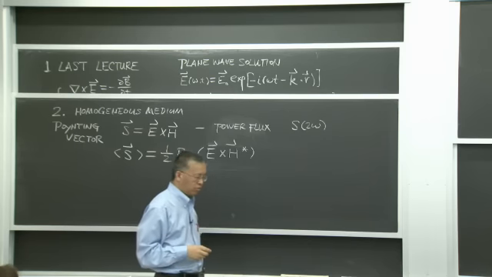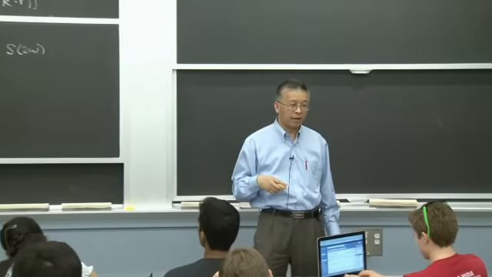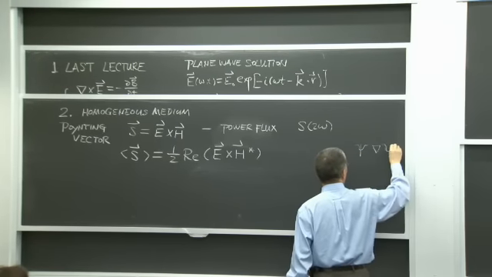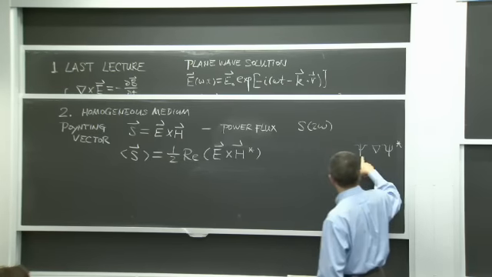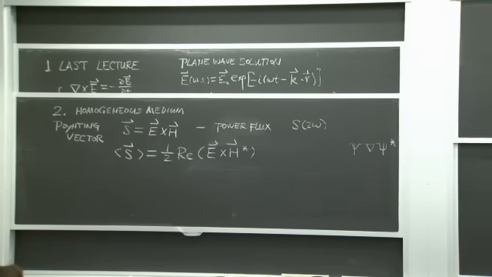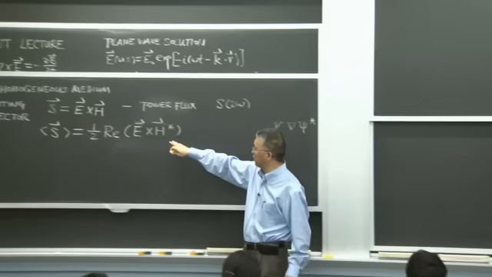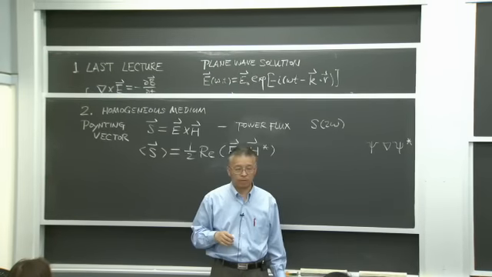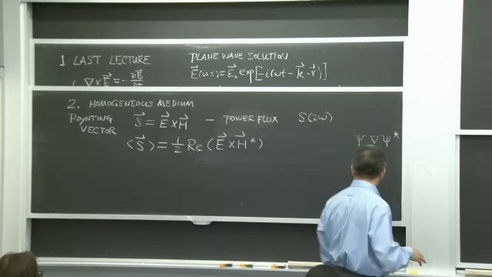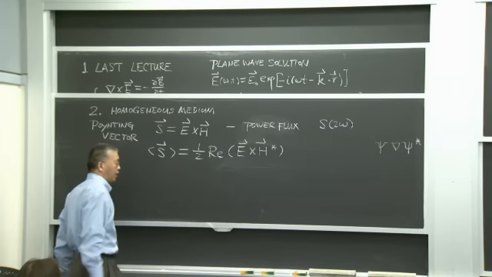And if you think about the mass flux from the Schrodinger equation, we wrote it also as the real part of psi and the gradient of psi complex conjugate, right? So you see the similarity between those different fluxes. I'm writing this as E cross H complex conjugate. Okay, so this is the time average Poynting vector.